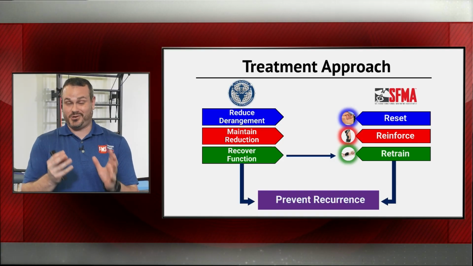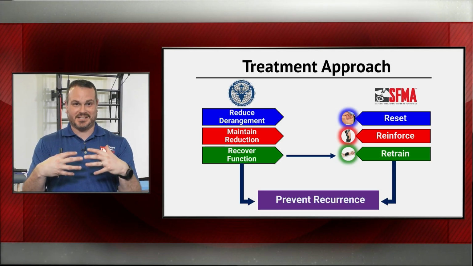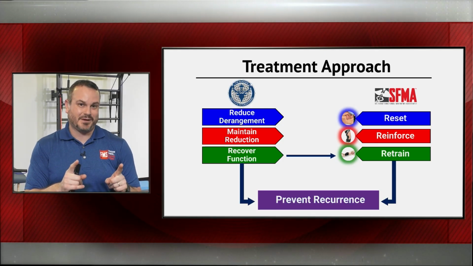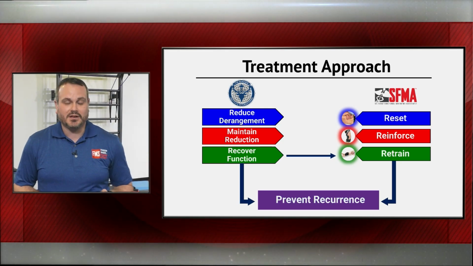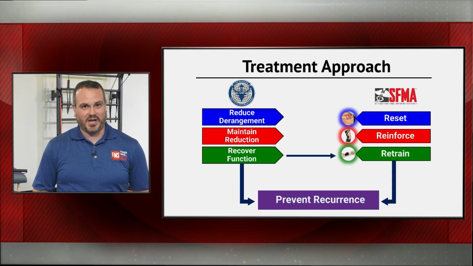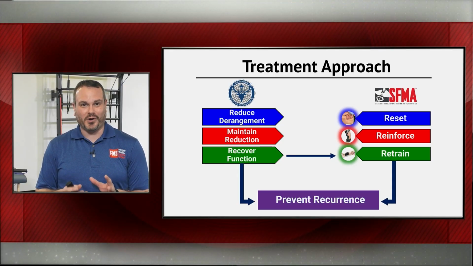You're probably going to run just your classic repeated movement model, get the patient stabilized a little bit, but don't make the mistake of not revisiting the SFMA. That's the shortcoming that we fall into sometimes. But these two approaches, again, they work really well together.